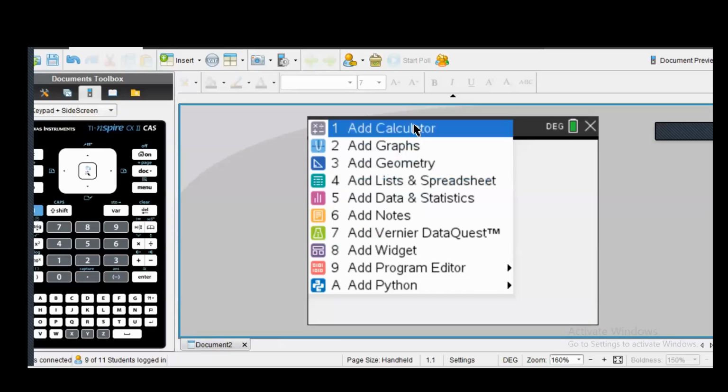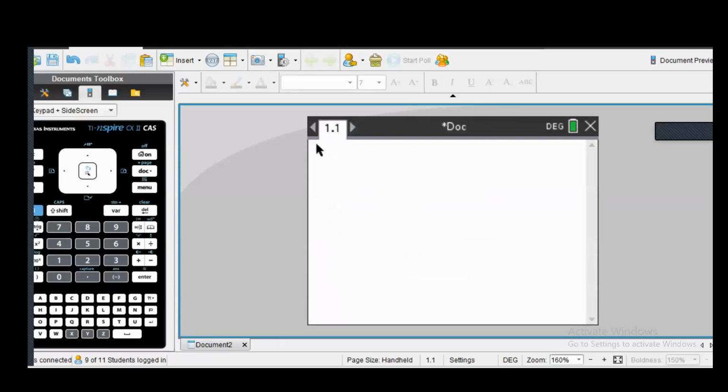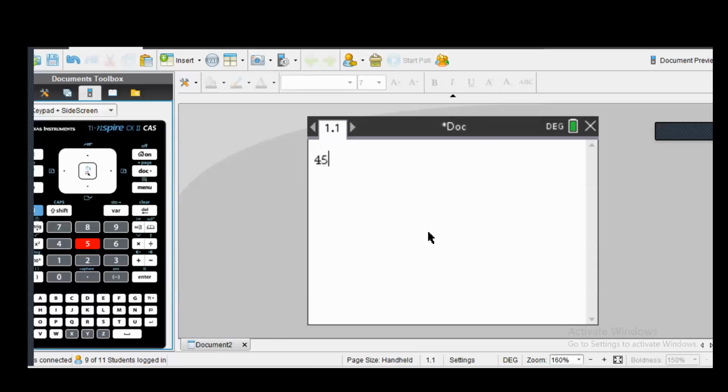All right, so if you want to know how you go from degrees to radians, let's say you want to go from 45 degrees to radians, I multiply by pi over 180.